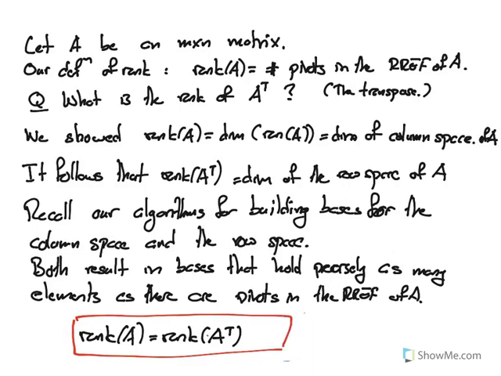And our path to get there was slightly convoluted, but just in a nutshell, once you know that the rank of A is equal to the dimension of the column space, then it follows immediately that the rank of A transpose is the dimension of the row space. And by our algorithms for building bases for the column space and the row space, we in both cases end up with bases that have precisely as many elements as there are pivots in the RREF of A. And that was our definition of rank.